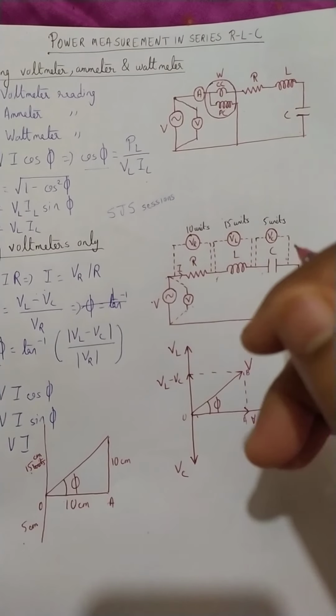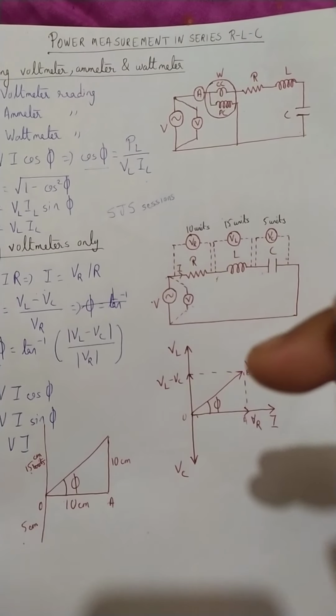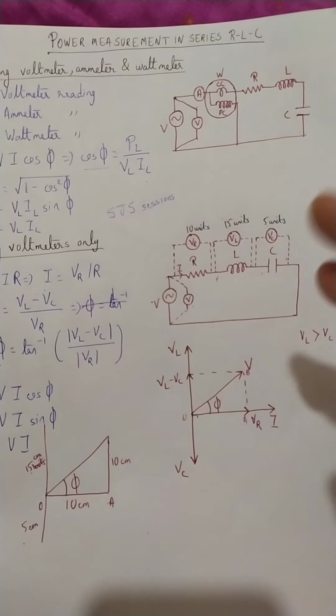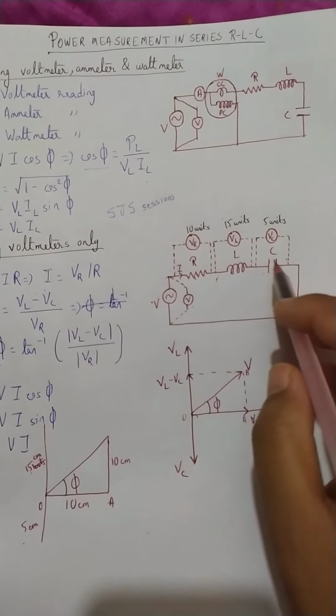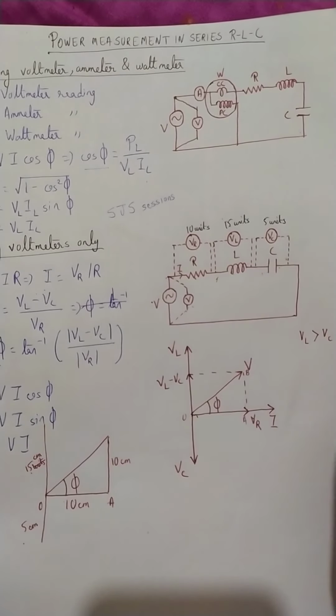I will do both of the experiments and show you the results, and we can see that the results obtained by the two would be different. The reason is that we are assuming ideal RLC here, but in the practical scenario, the RLC which are available might not be ideal.